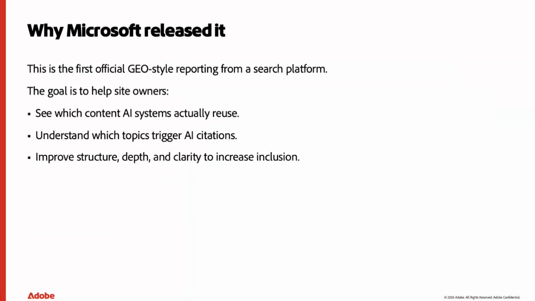And why has Microsoft released it? This is the first official GEO-style report from any search platform or LLM platform. The goal is to help site owners see which content AI systems actually reuse, understand which topics trigger AI citations, and improve the structure and clarity of these citations, right?